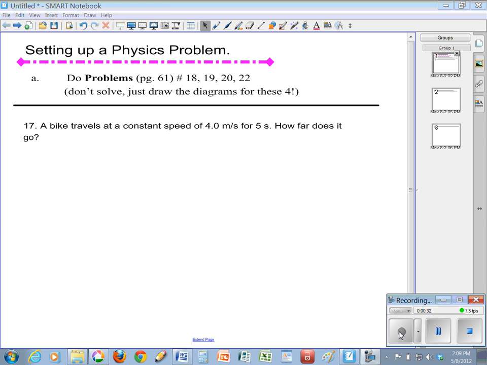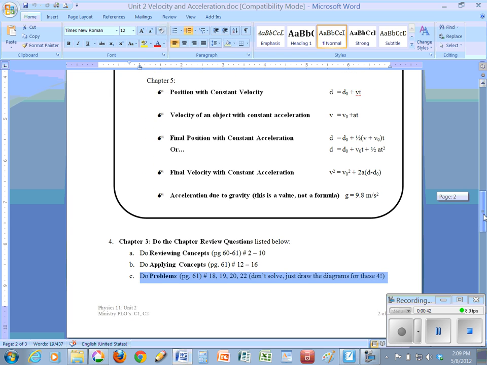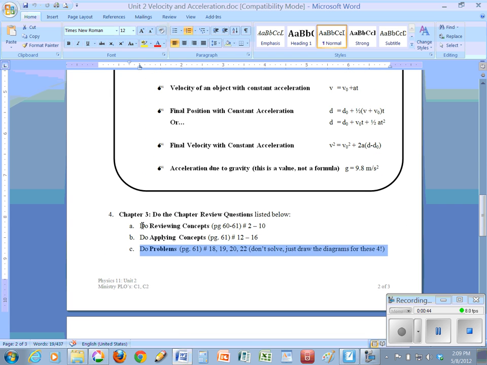If I go to the Unit 2 assignment briefly, you'll see on the second page it gives you some formulas. The questions you're working through under Chapter 3 are the reviewing concepts, applying concepts, and then the problems. It says don't solve them, just draw the diagrams for these four.